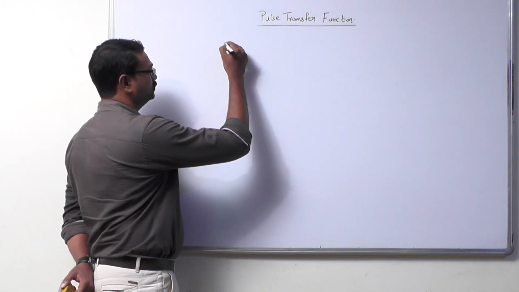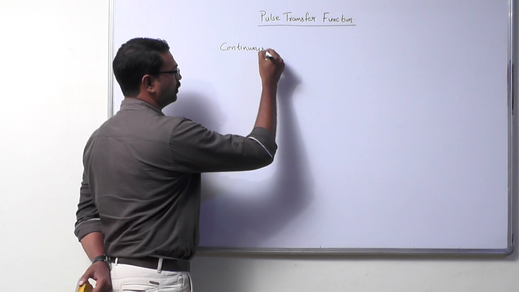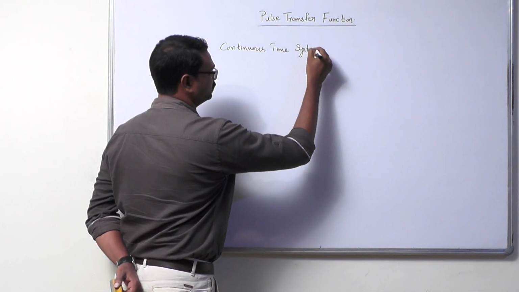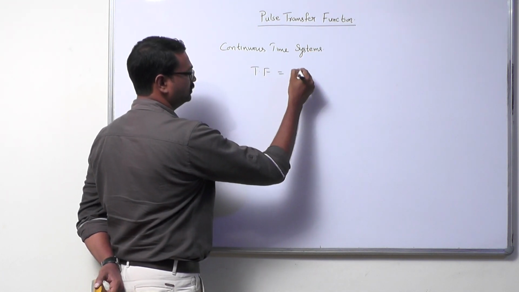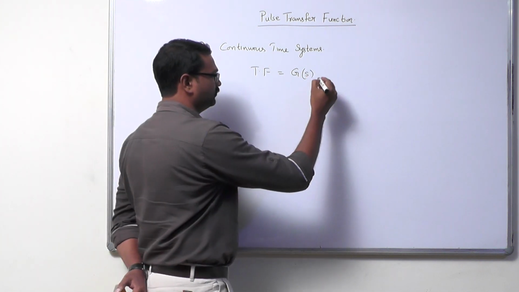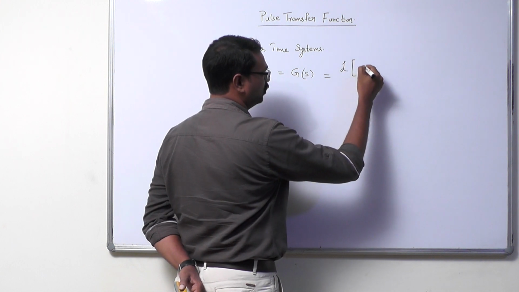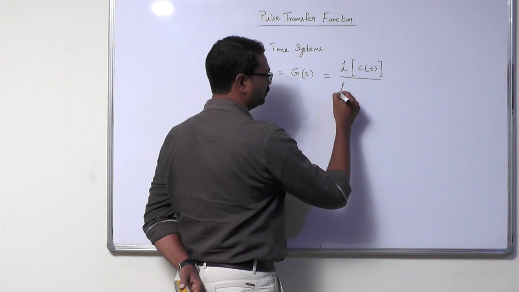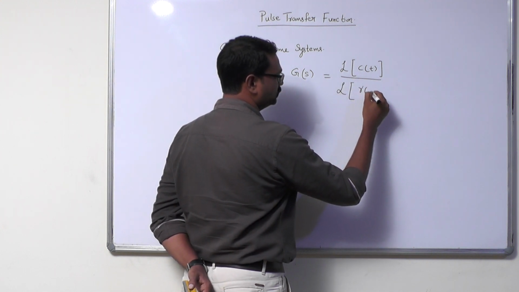Normally, for continuous time systems, the transfer function, let us say it is g of s, is defined as the Laplace transform of the output variable c of t by the Laplace transform of the input variable r of t.